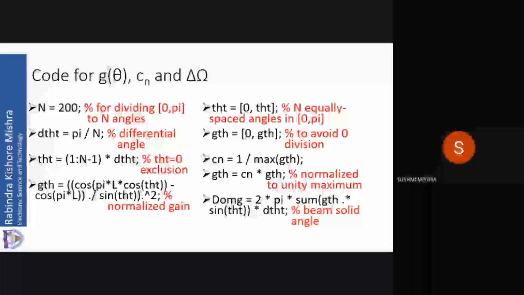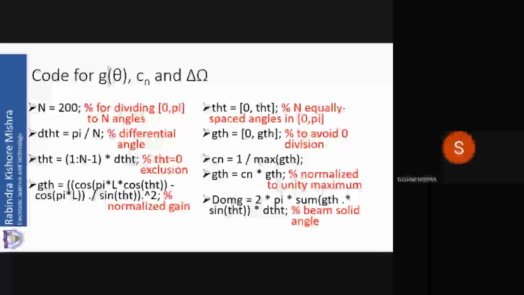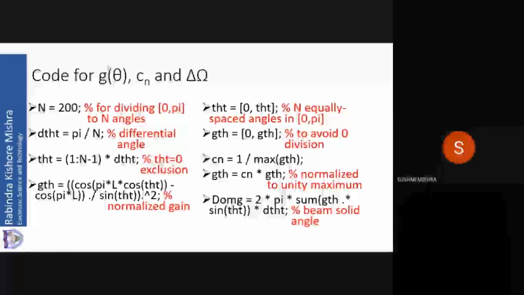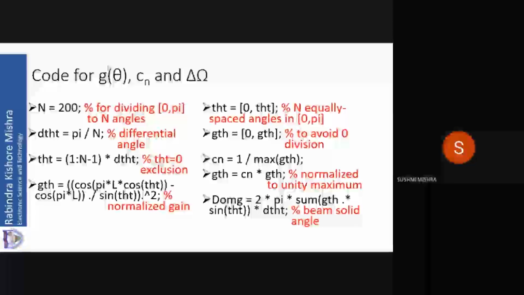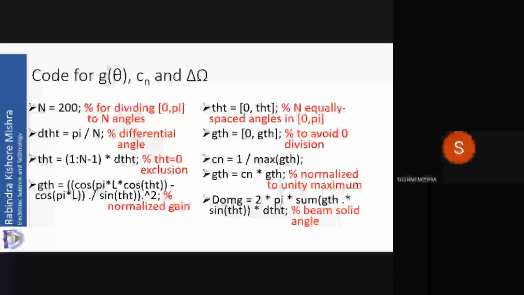Now you can see here for division I am writing dot slash. Dot slash means, up to now we have found theta. Theta has many values, 1 to n minus 1 values. So for each value, I have to divide. So it is an element by element division, then element by element squaring.